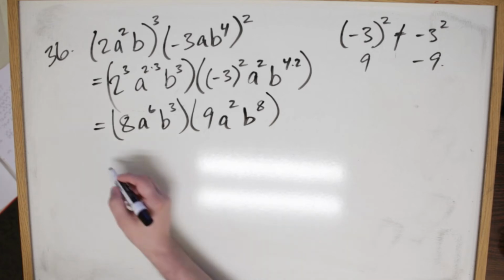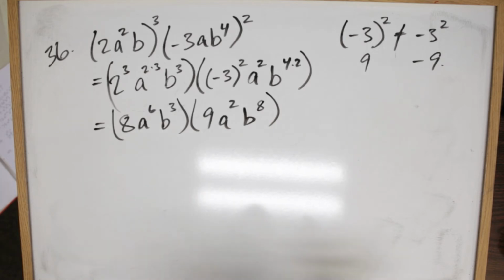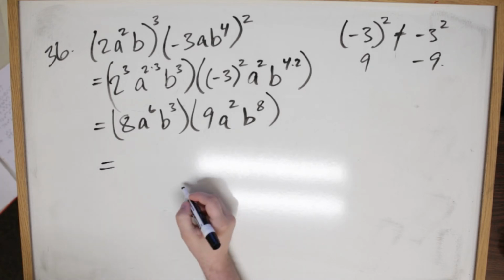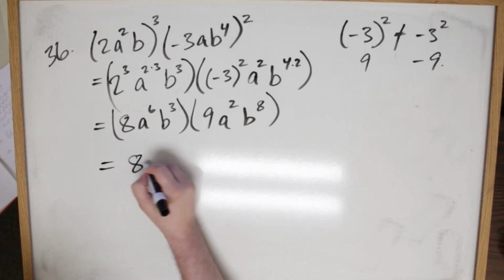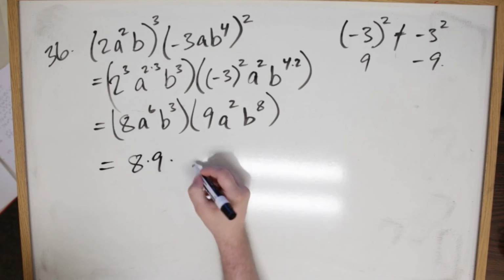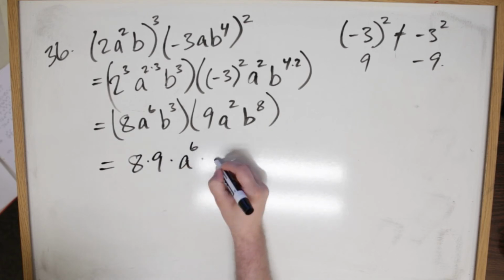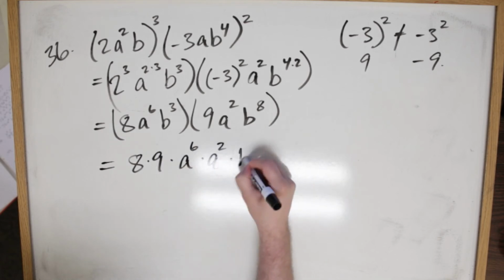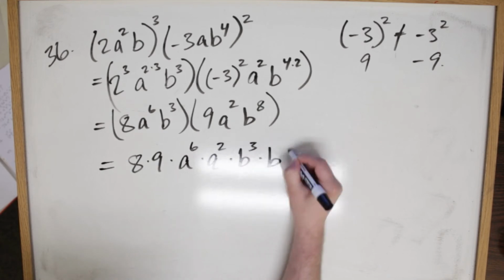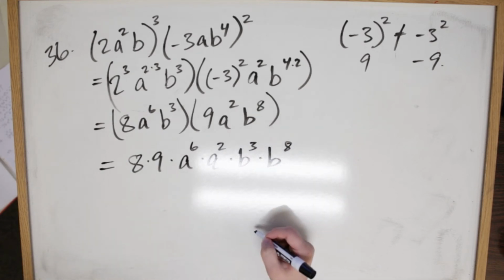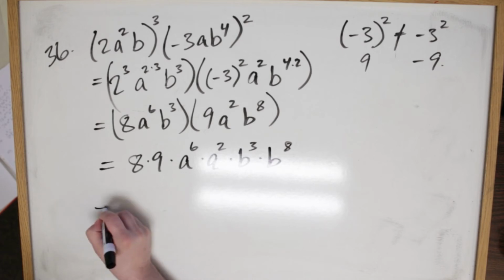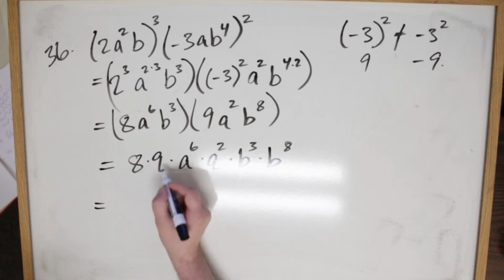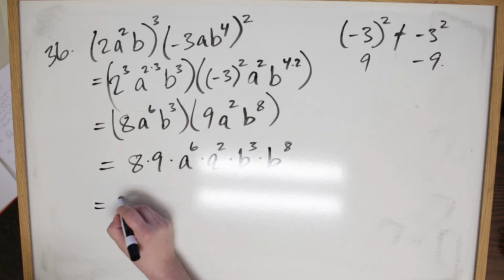Now we actually are back at similar to what we had in question 12. Let's just write out all the individual pieces. We have 8 times 9 times a to the 6th times a to the 2 times b to the 3rd times b to the 8th. Okay? So that means we have 8 times 9 is 72.